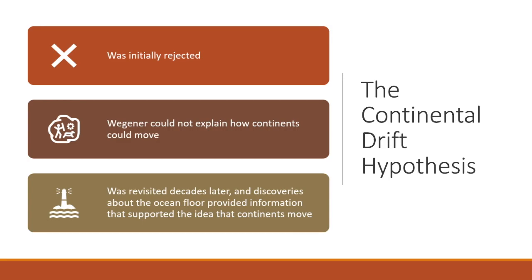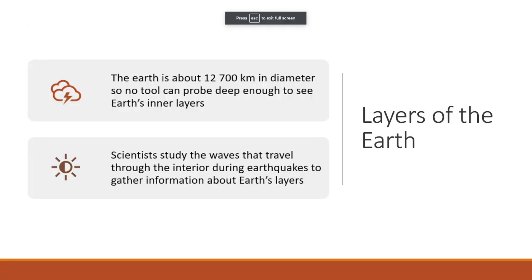It was revisited decades later, and discoveries about the ocean floor provided information that supported the idea that continents move. The Earth is about 12,700 kilometers in diameter, so there was no tool that could probe deep enough to see the Earth's inner layers. These layers are going to help clarify how continents can move, and there was just no way to do so.